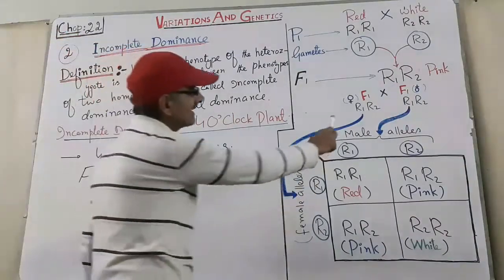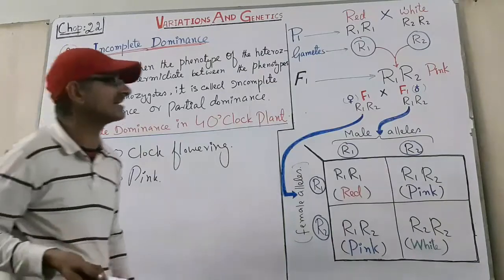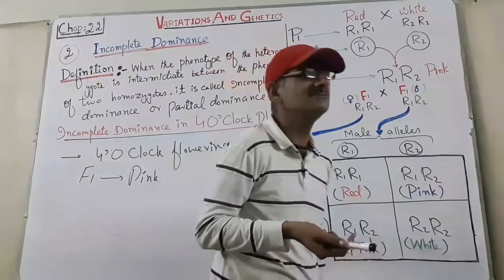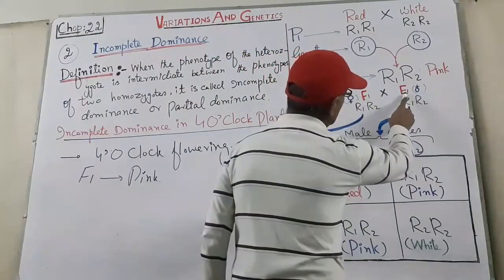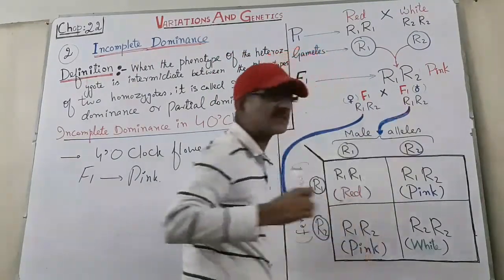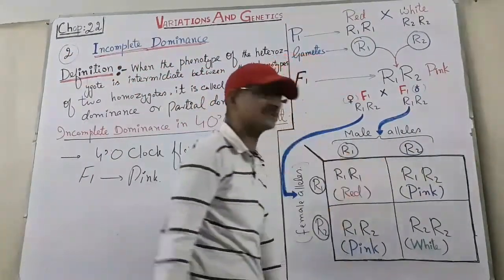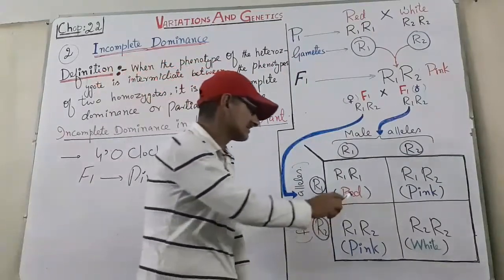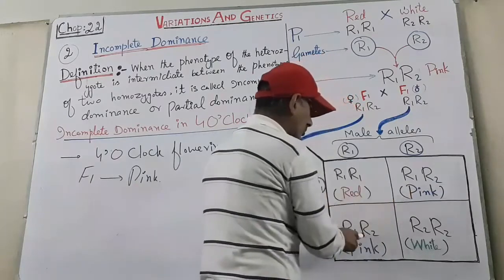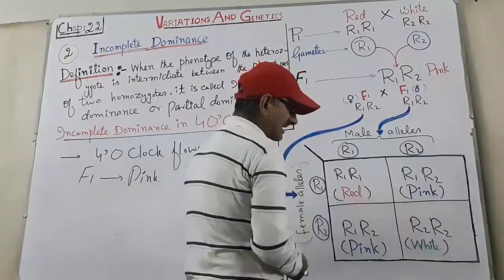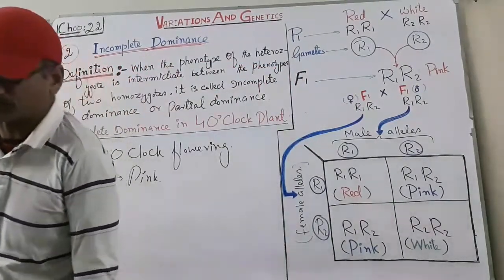And when he self-fertilized the F1 offspring, F1 multiplied by F1, he got 4 combinations: 1 red flowered plant, 2 pink flowered plants and 1 white flowered plant in ratio.